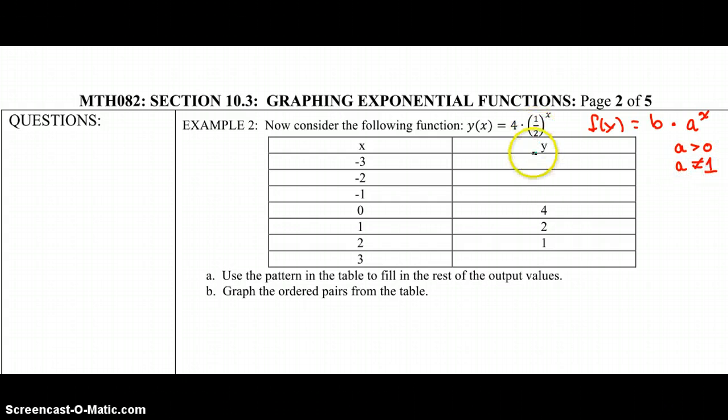Okay, so in this case b is 4 and our a is, or actually let's use a times b to the x. Not that it matters, but so that this matches what we've seen in the previous section, where that base multiplier has to be greater than 0, and that base cannot be 1. Okay.